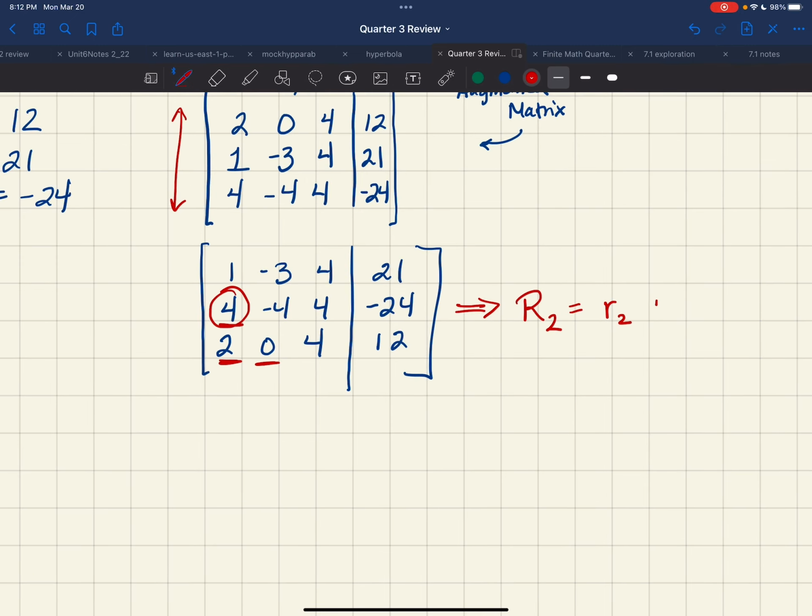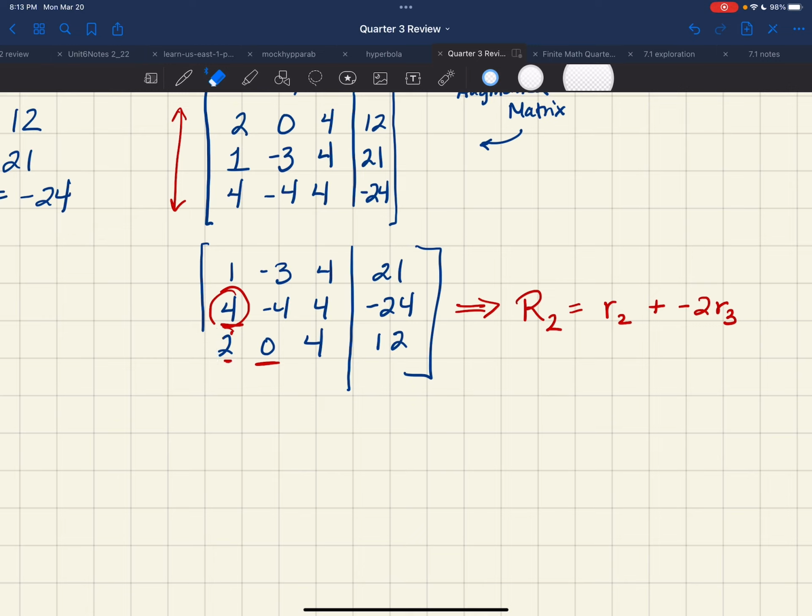And I'm going to add to that -2 row 3. The reason why I'm doing that is because if I multiply this one by 2, it'll give me 4, but if I multiply it by -2, it'll give me -4. So when they add together, I'll end up getting a 0.